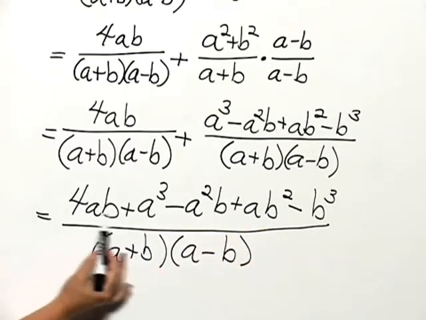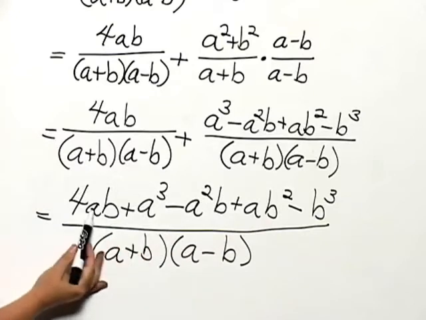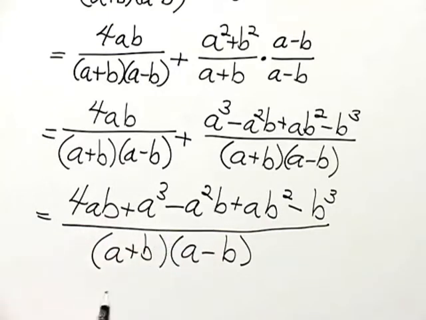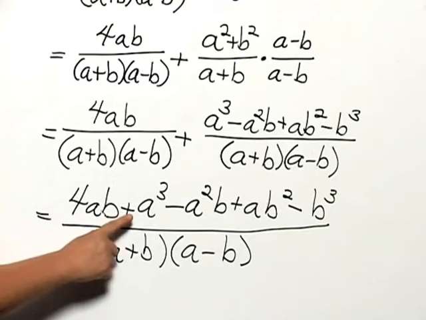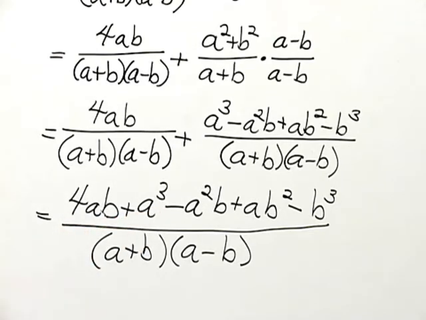And if you look through in the numerator, there are no common factors. This can't be factored. So we could rearrange this and write it in a different order if we want, but this is the simplified form, 4ab plus a cubed minus a squared b plus ab squared minus b cubed over the denominator a plus b times a minus b.